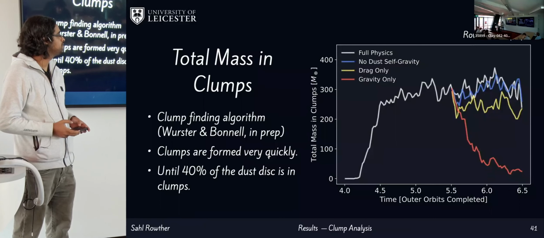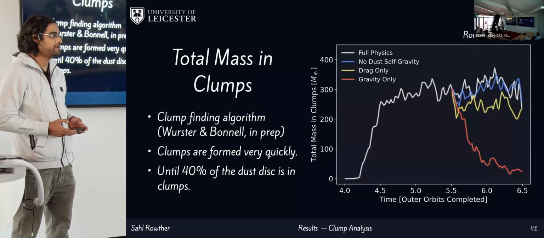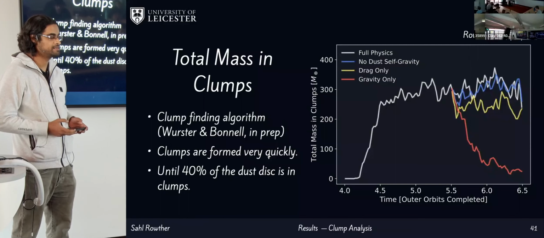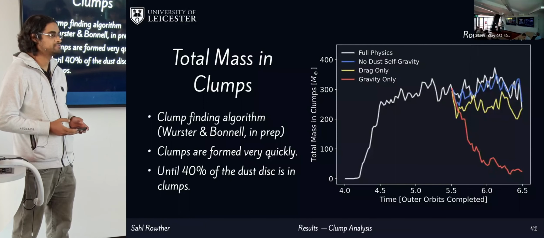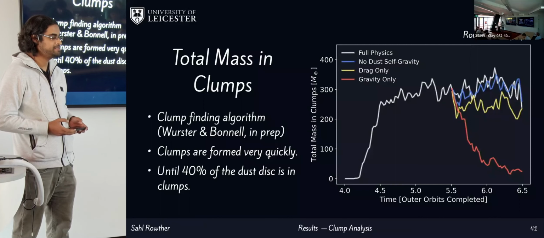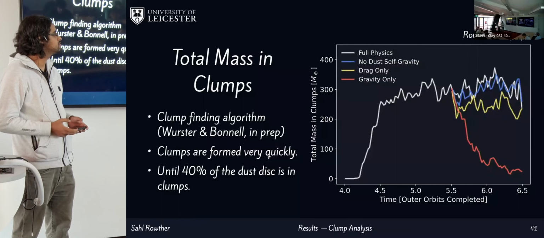So when we turn off the dust self-gravity, it looks like it hasn't affected clump formation much, as the amount of mass in clumps is still the same, but the effect is on the clump mass itself, which I will show in the next slide.